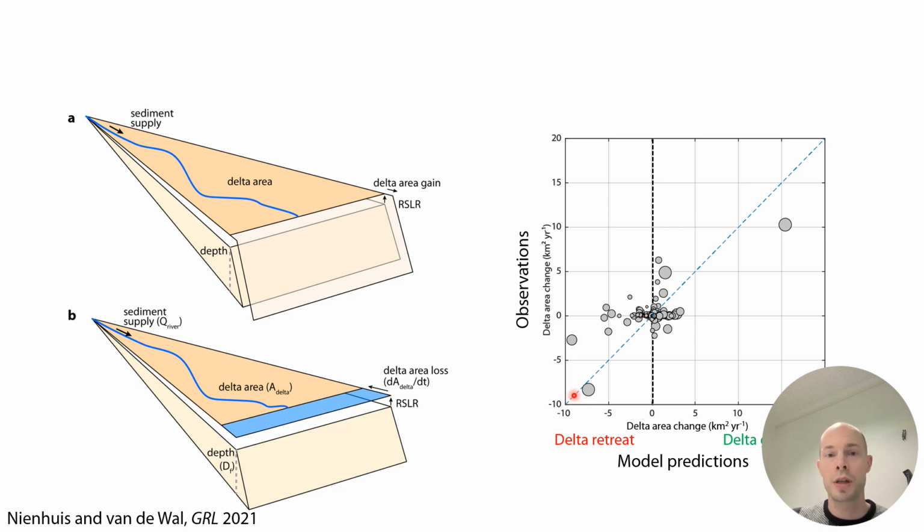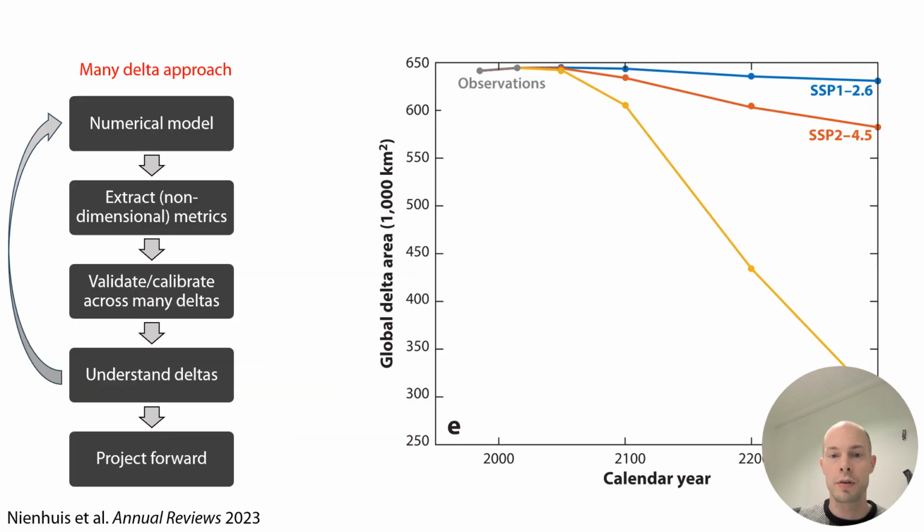But note, of course, that these projections are very uncertain, and you can see that based on this, of course, we can calculate the error in our projections globally, but also for individual deltas. So we can sum them all up and say, well, in our observations from the remote sensing that I showed you, we find gradual delta land gain over time, approaching almost 650,000 square kilometers for all deltas globally, but under different sea level rise climate scenarios.